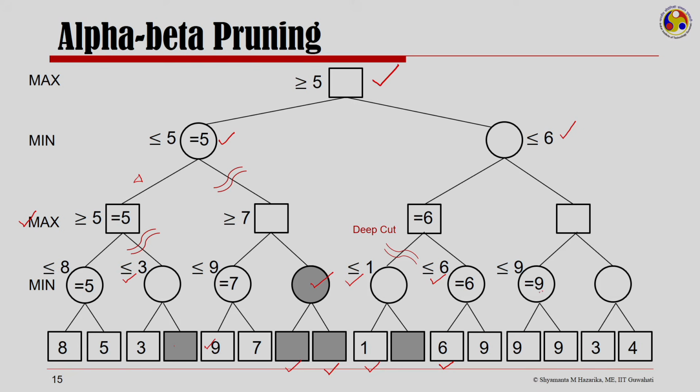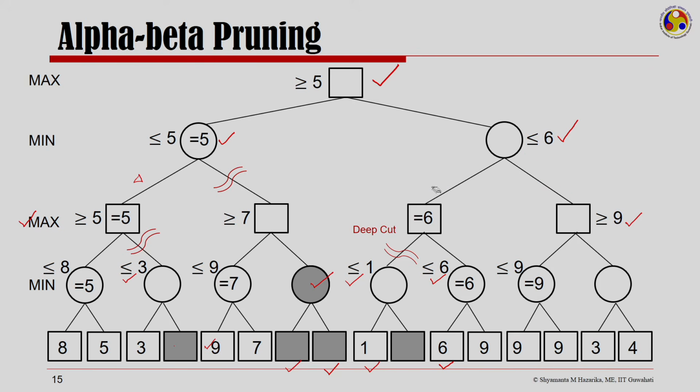So, I have a 9 marked here, and then this backs up to the max node, which is saying that it should be greater than or equal to 9. So, when I have a max node here which is greater than or equal to 9, and I have a min node which is saying it is less than or equal to 6, then min will rather go here and never come on this path.